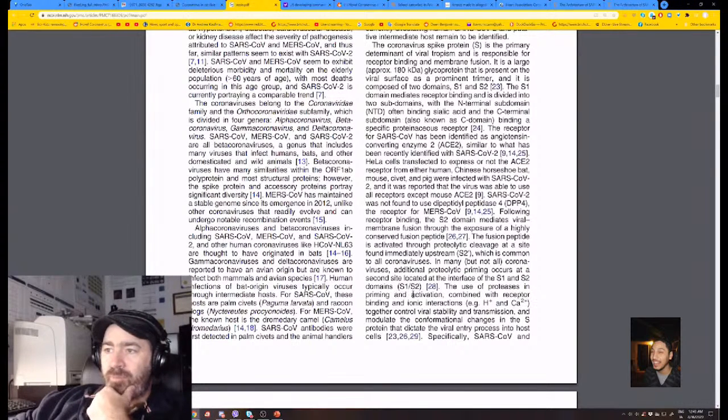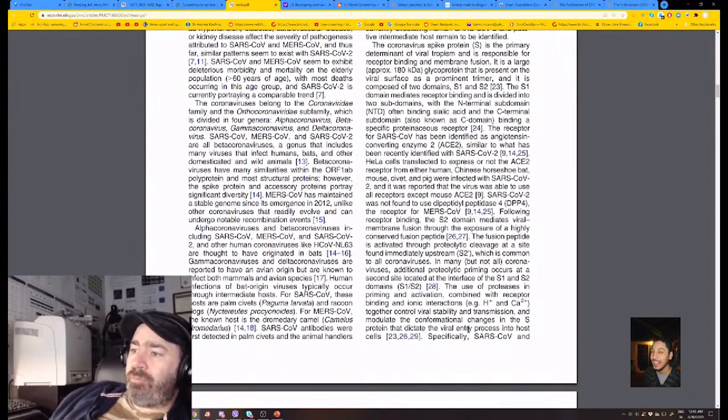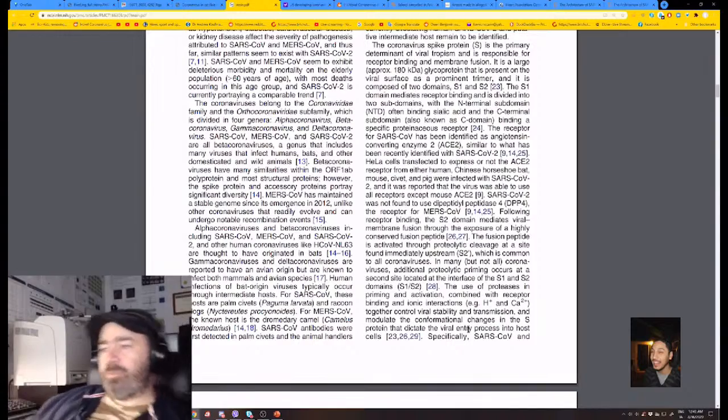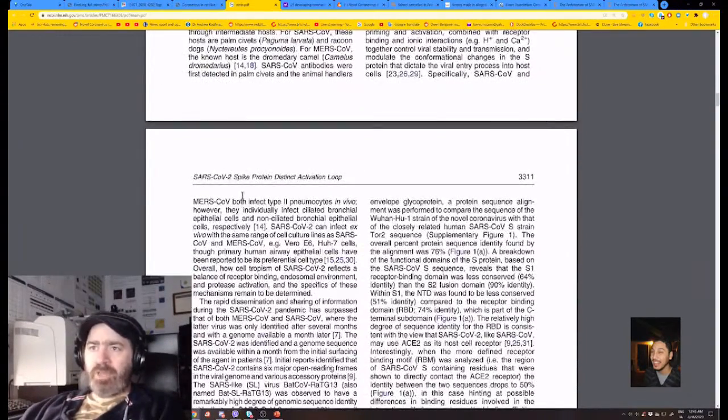The use of proteases in priming and activation, combined with receptor binding and ionic interactions, hydrogen and calcium, together control viral stability and transmission and modulate the conformational changes in the S protein that dictate viral entry processes into host cells, specifically SARS-CoV and MERS-CoV.